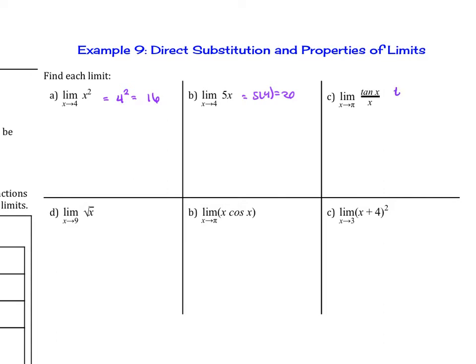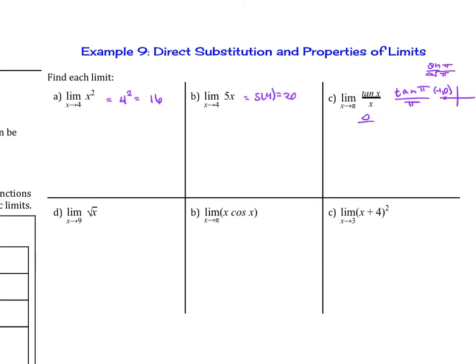Now for this example, we get tangent of pi over pi. Remember, tangent is sine over cosine. You can think about sine of pi and cosine of pi, or think about the point at pi, where x is -1 and y is 0. So tangent of pi is 0 over -1, over pi, or just 0 over pi, or 0.